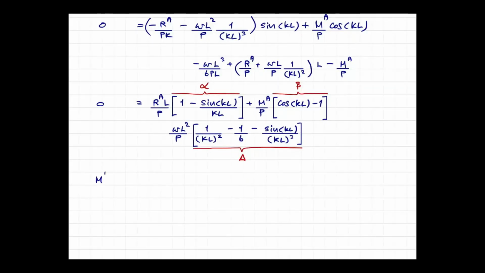So MA over P is equal to minus RAL over P alpha over beta minus WL square over P delta over beta.